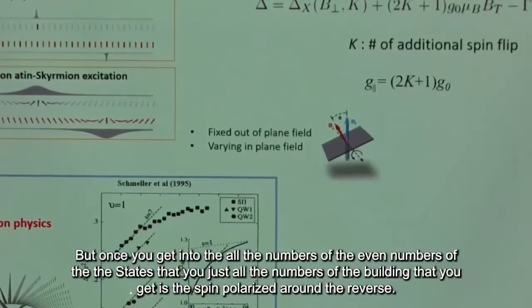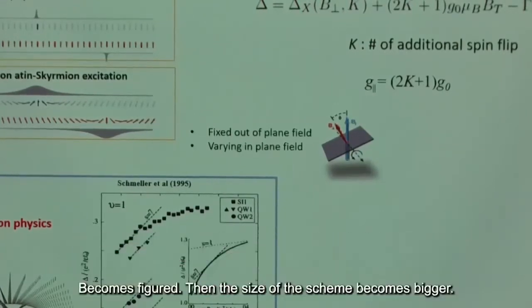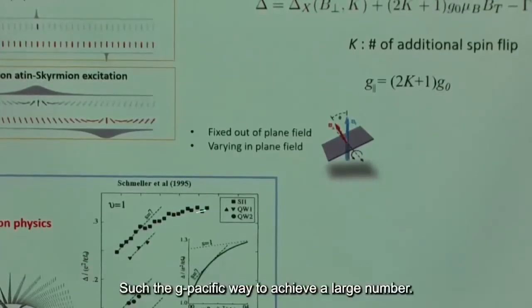Then you see that initially the g factor is very, very large, which means that you flip many spins. But as you increase the magnetic field more and more, eventually the Zeeman energy contribution becomes bigger, and the size of the Skyrmion becomes smaller, and eventually only one spin appears at high enough magnetic field, such that the g factor gradually changes from a large number to a small number.